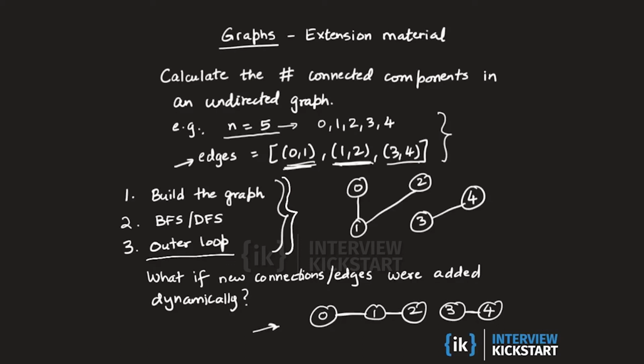How much time would this naive approach take? The naive approach, which uses BFS or DFS, would require order m plus n time each time that we follow this 3-step process. And since we are doing that for every edge that comes in, we would effectively be taking time proportional to order m plus n multiplied by m.